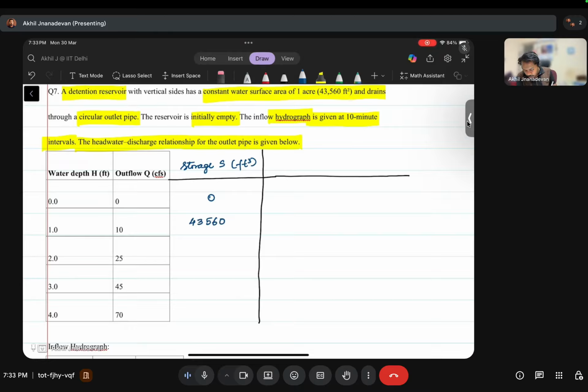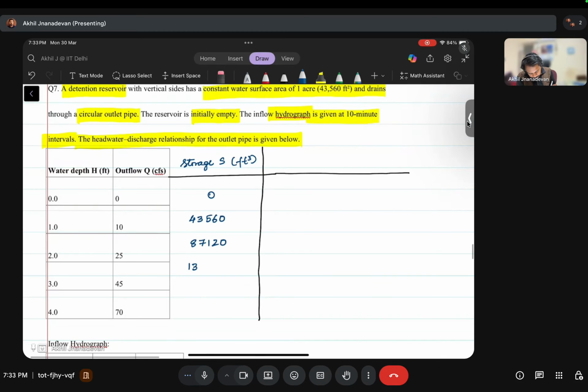For 2, it will be 2 into 43,560, that will be 87,120 cubic feet, and 3 into 43,560 will be 130,680 cubic feet, and 4 into 43,560 will be 174,240. So this is the storage that we got.